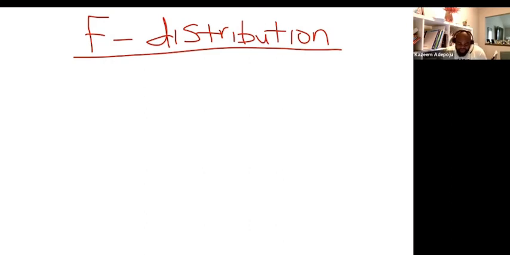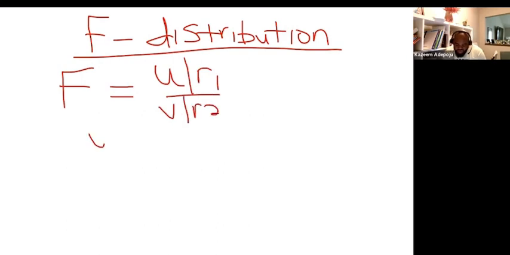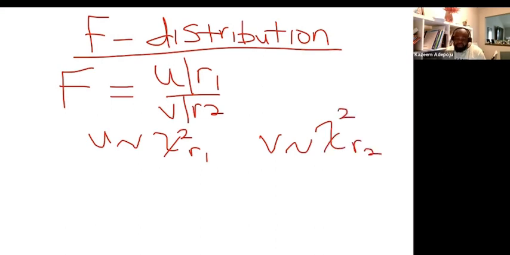Now take a look at this. F is a ratio of two independent chi-squared variables. U follows chi-squared with r1 degrees of freedom, and V also follows chi-squared with r2 degrees of freedom.